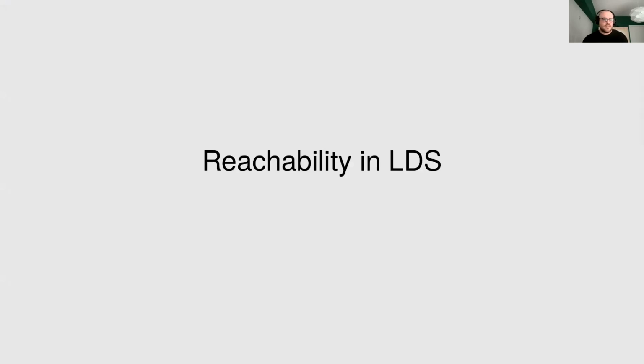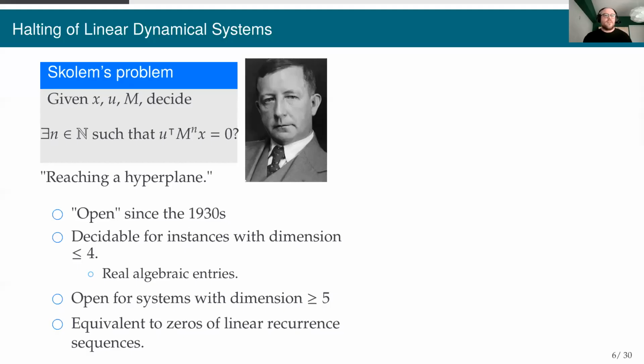So this was an instance of a reachability problem in linear dynamical systems. You start from a point and you want to know if you ever end up hitting another point or hitting other sets. And here we already bump into open problems.